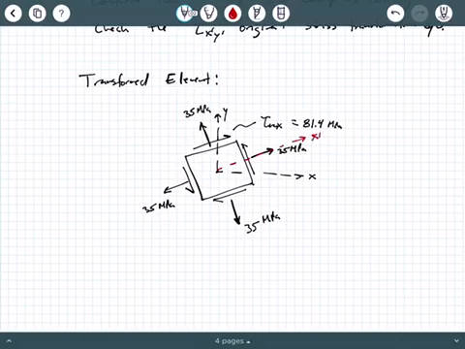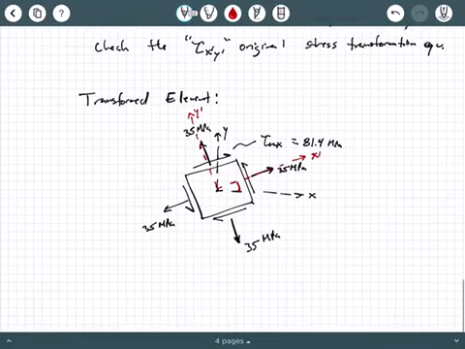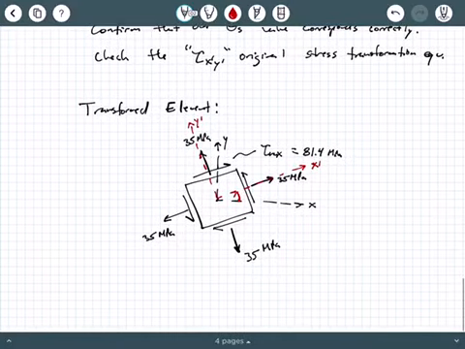So that's a tensile effect. And that's actually going to be shown on all sides of the transformed element. Okay, that 35 MPa average normal stress is on all sides. Now the local axes are going to stem off just like this.